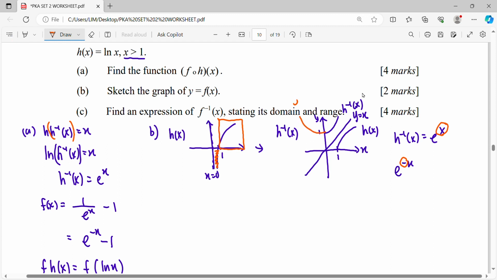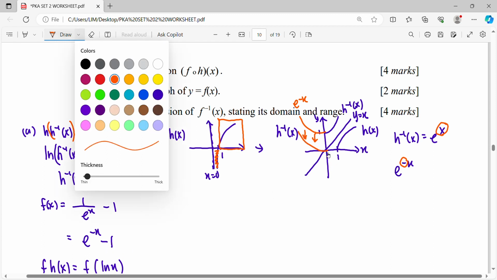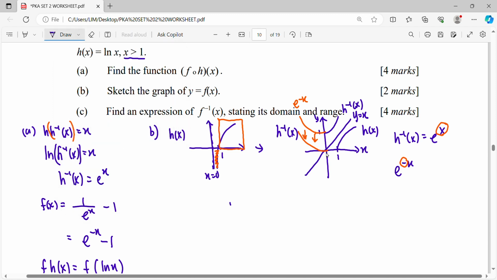Here we come to e^(-x), and then our function has minus 1. So the whole function minus 1 means the whole function moves down 1 unit. That's why our curve will be touching the origin. To draw this graph correctly, our final result starts at 0, then shoots up to the left. So this is our function f(x). This is y, this is x, and we are touching 0.